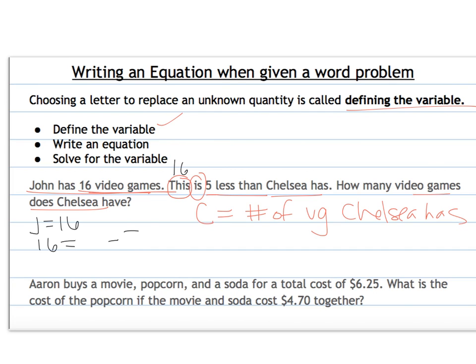It's 5 less than Chelsea. Okay? So that's my equation: John's 16 is 5 less than Chelsea. Well, what number with 5 less is 16? So that means it's 5 more than 16, in reverse.